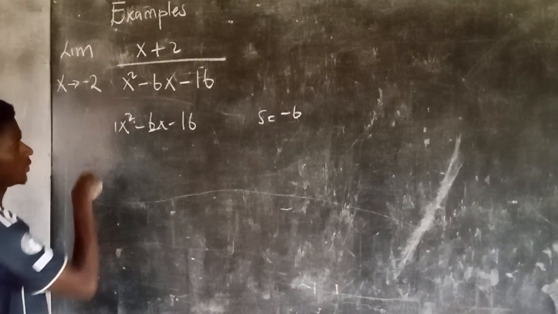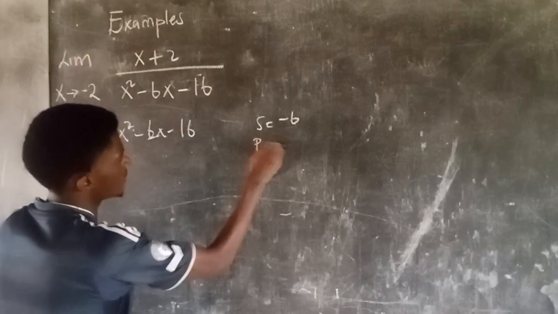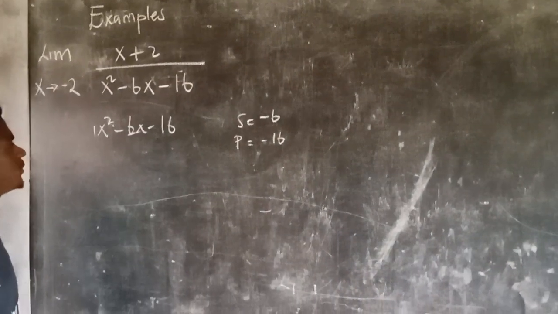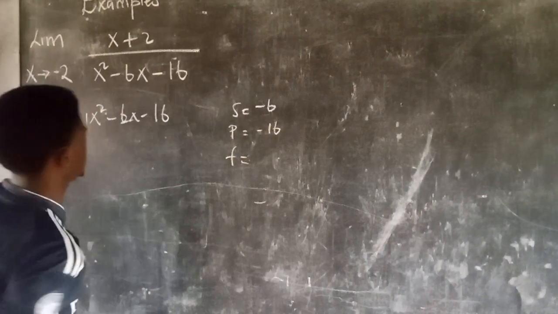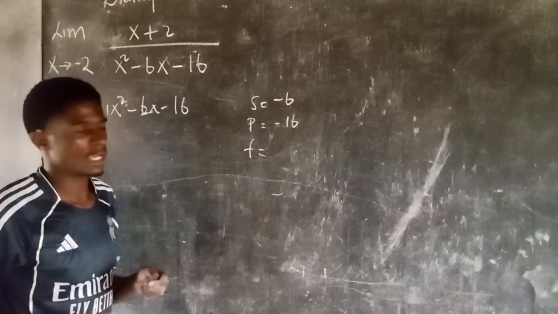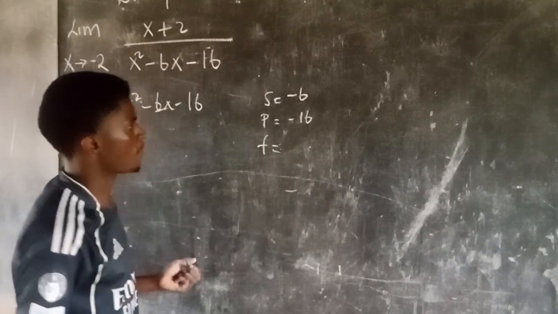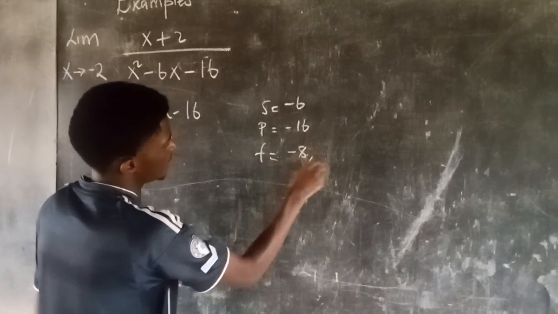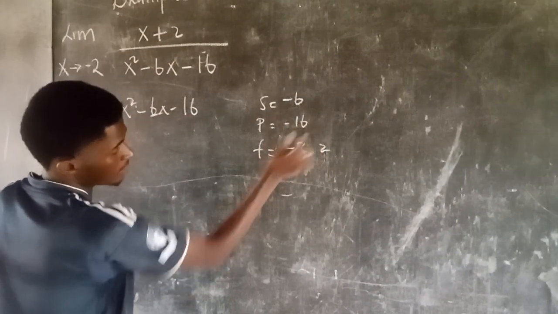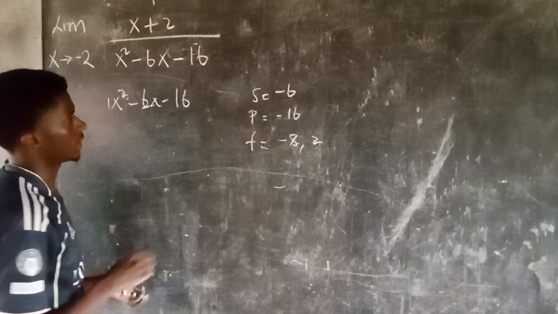We multiply the coefficient of the first variable by that, which will just give us negative 16. So from there, you find the factors. What are your factors? Two numbers, when you multiply them, they'll give you negative 16. Again, those same two numbers, when you add them, they'll give you negative 6. So what are those two numbers? You have negative 8 and 2. When you multiply negative 8 and 2, you get negative 16. When you add negative 8 plus 2, you get negative 6. So these are our factors.